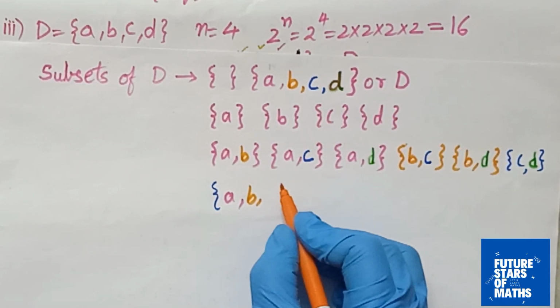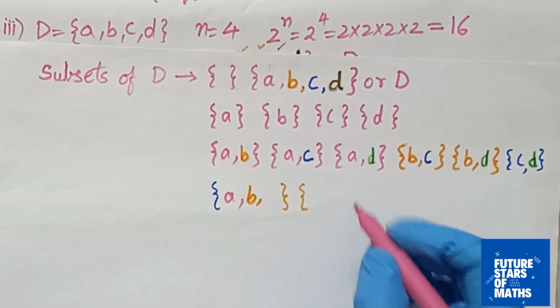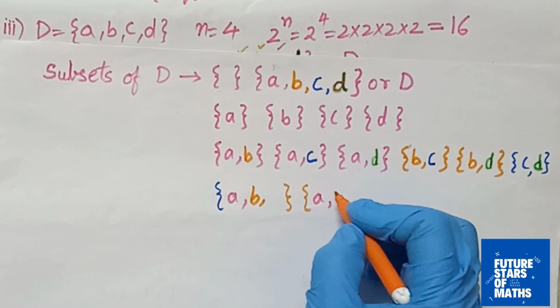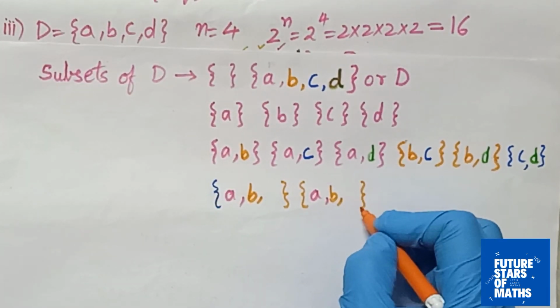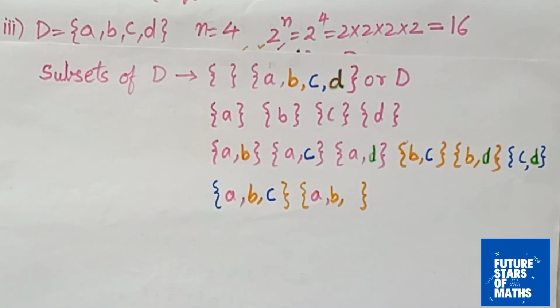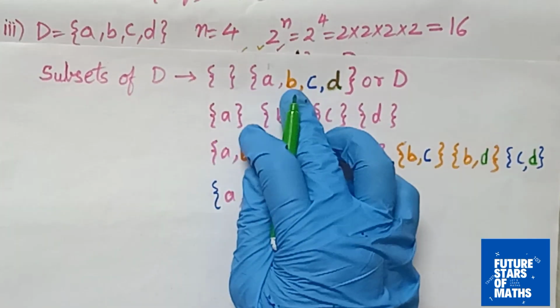So we'll get 2 here. First it will be A, B with what? First with C, then with D. Okay, so A and B are finished.